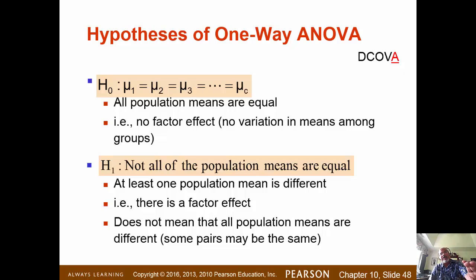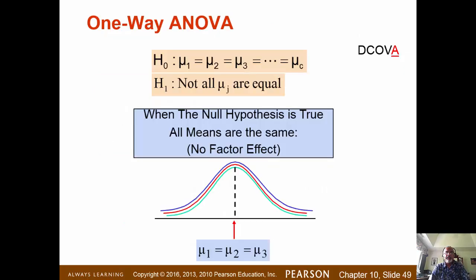So how do you test this hypothesis? If the null hypothesis is true, then all the means are the same and you have to assume a normal distribution for each population. We make a further assumption for testing this hypothesis, and that is that all the population variances are the same.